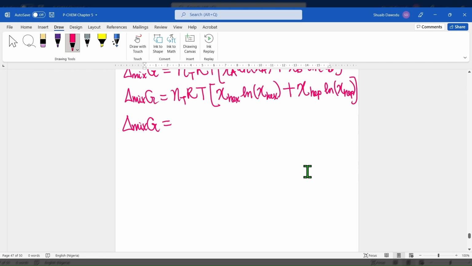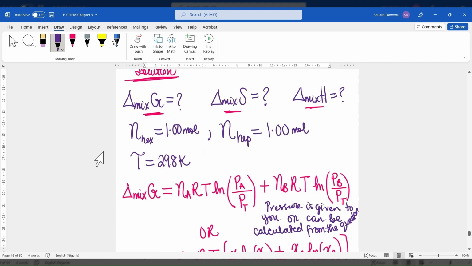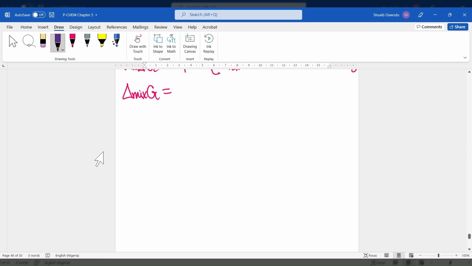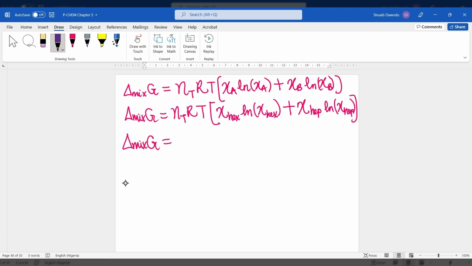So now we go back to our work. We see that we're told to use N total. We do not have N total, but N total is simply adding the value for N sub hex plus N sub hep, meaning you add the total number of moles.